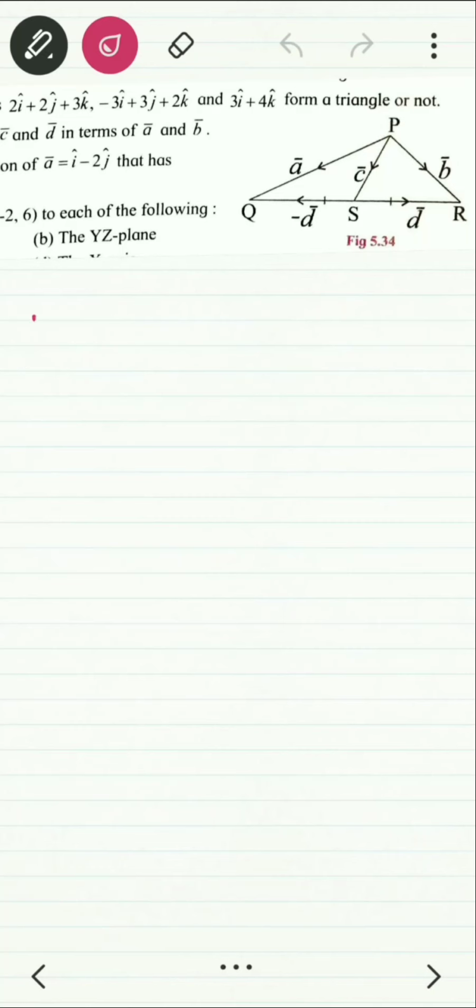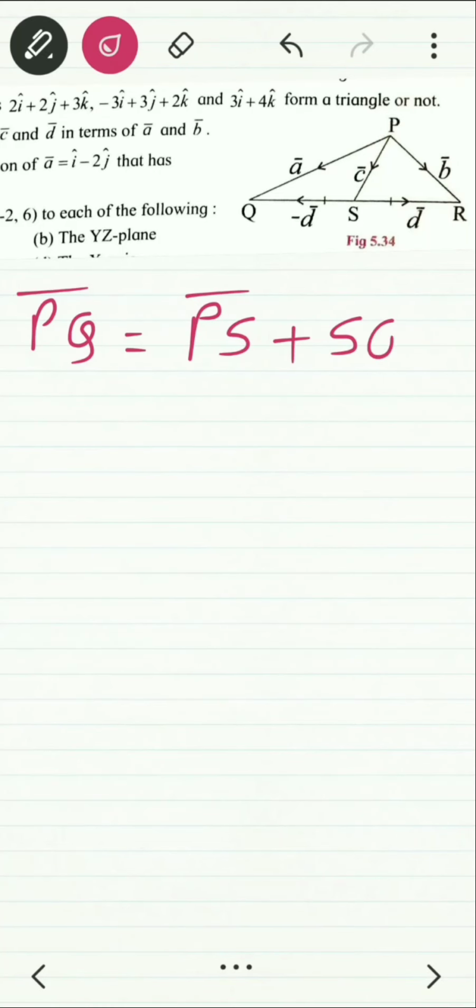By the triangle law of addition, we have PQ bar is equal to vector PS plus vector SQ. From the figure itself, A bar is equal to C bar minus D bar. Suppose we keep it in mind and number it as 1.